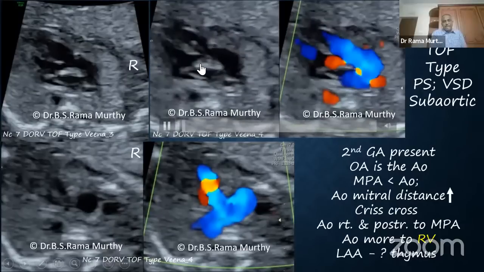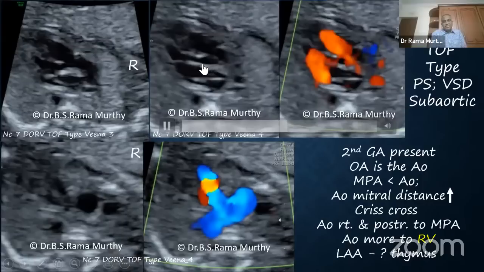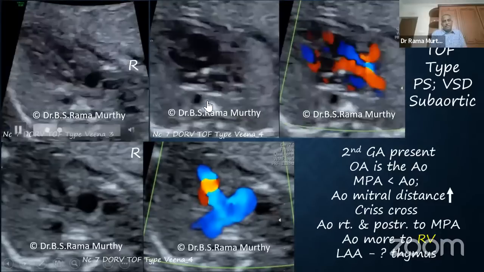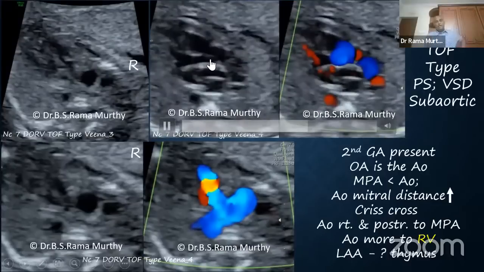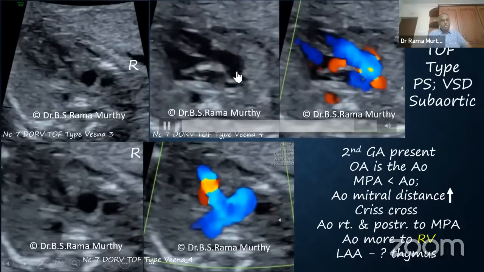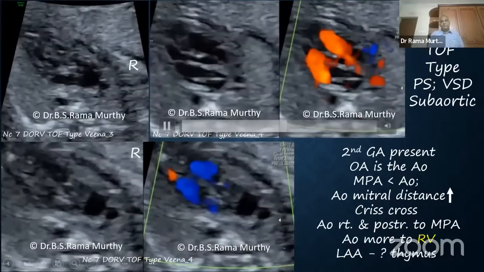There is a finite distance, which in normal you won't find. That is another clue. The fact that it is more committed to the RV, less committed to the LV, and the aortomitral distance is more, so those are the clues for DORV.